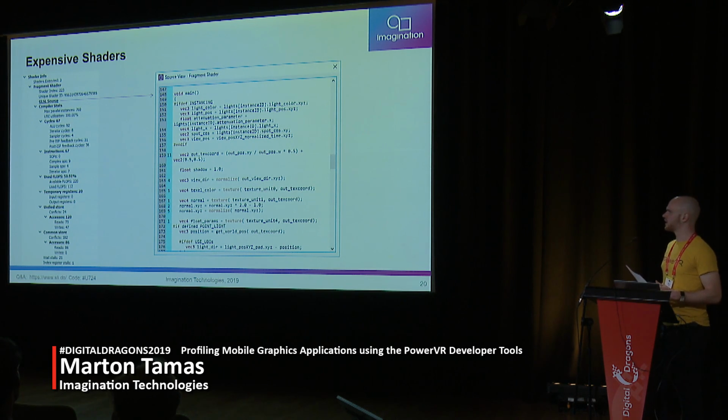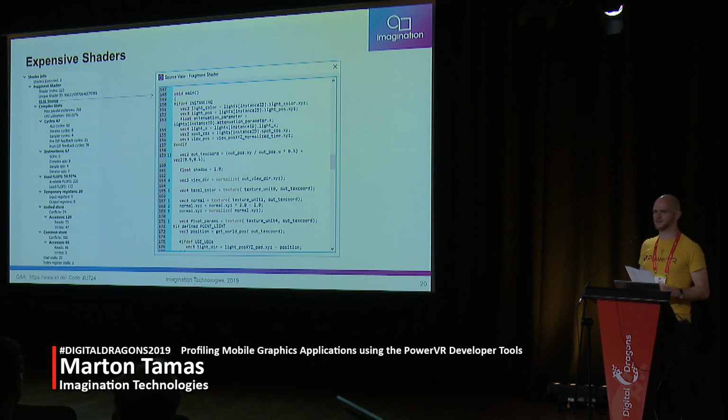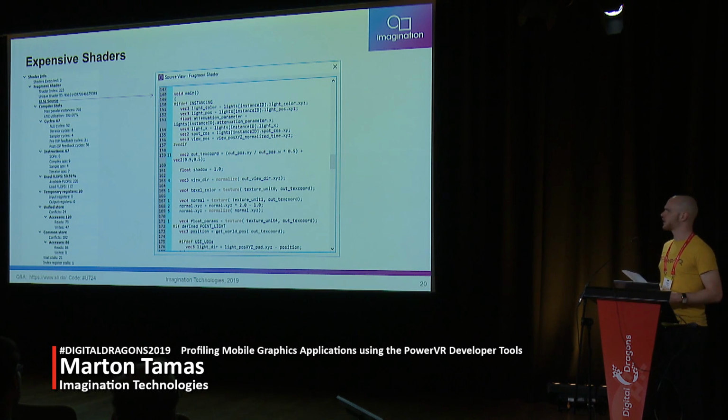So if you look in the example, if you click one of the render tasks and you look in the properties window, we list all the shaders associated to that render task. So you can go into each shader, and we provide some advanced statistics and also per line cycle count.